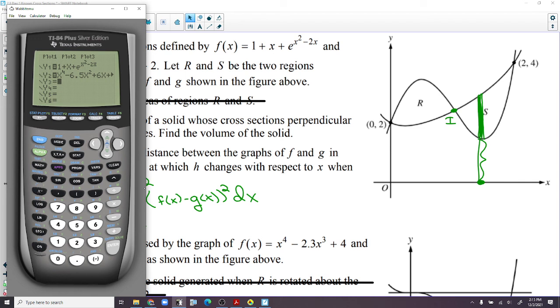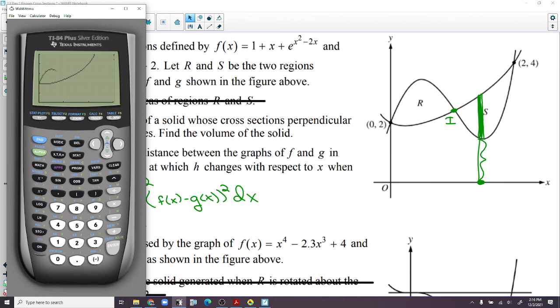The window, probably what, 0 to 2, let's go 0 to 3, 0 to 5. So 0 to 3 by 1s, 0 to 5 by 1s. Seems to be kind of what their window is. Maybe a little smaller than that. Graph.